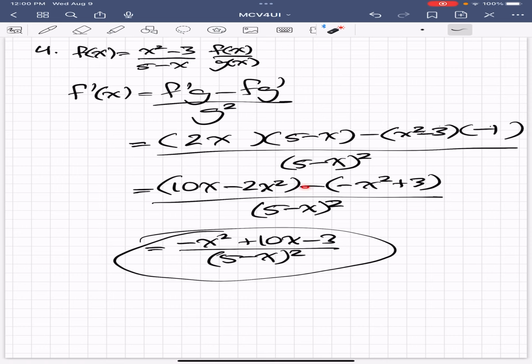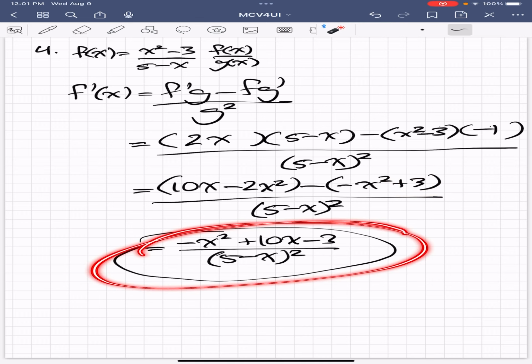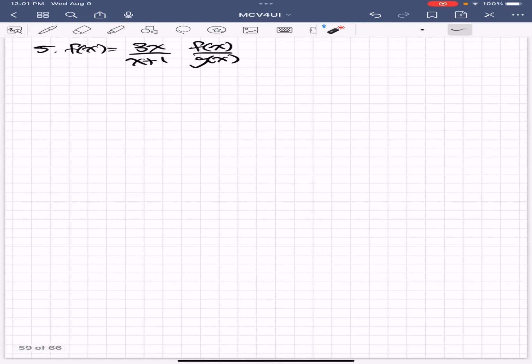And then two minuses cancel out, become a plus. Negative 2x to the power of 2 plus x to the power of 2 is a negative x to the power of 2, and then I have plus 10x, and then I have minus 3, and that's how I got my answer. Moving on.